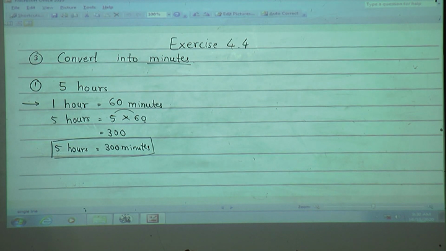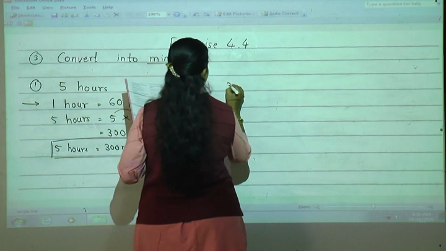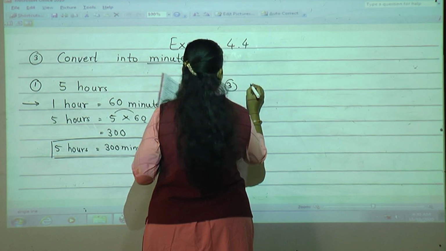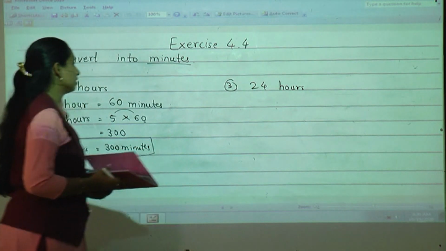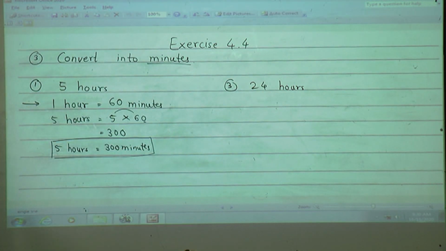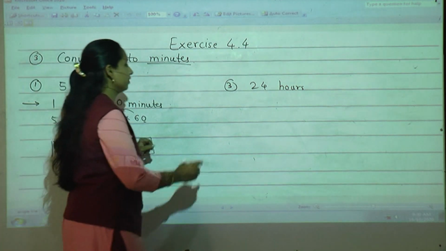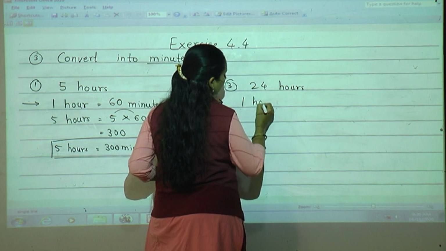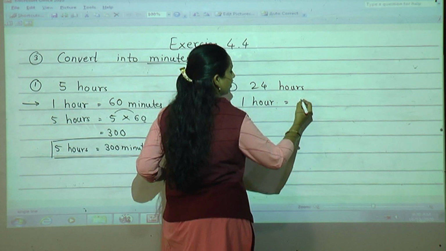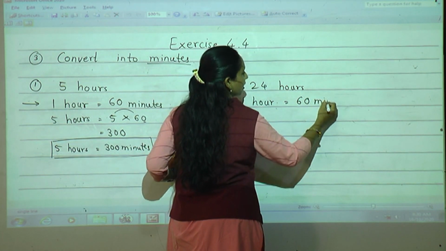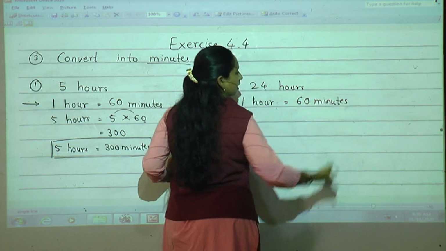Now next, I'll solve some more examples for you. Now I will take the third one for you. See the third one, 24 hours. Same as we have solved the first one, in the same way we have to solve the third one also. They had given hours. So whatever information you know, you have to write first. That is 1 hour is equal to 60 minutes, isn't it?